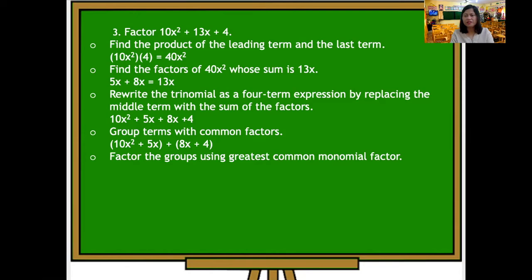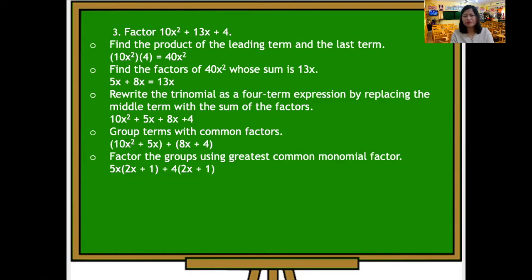Factoring out the two greatest common monomial factors, 10x squared divided by 5x is 2x. 5x divided by 5x is 1. Next, 8x divided by 4 is 2x. 4 divided by 4 is 1. We now have a common binomial factor, 2x plus 1.